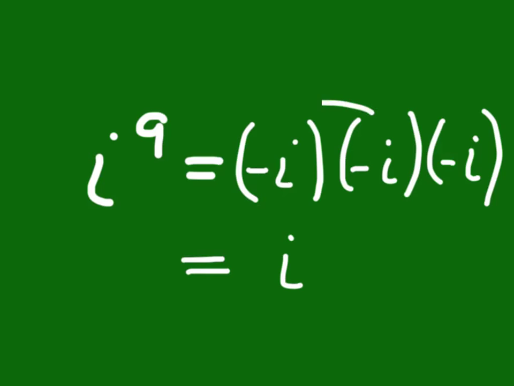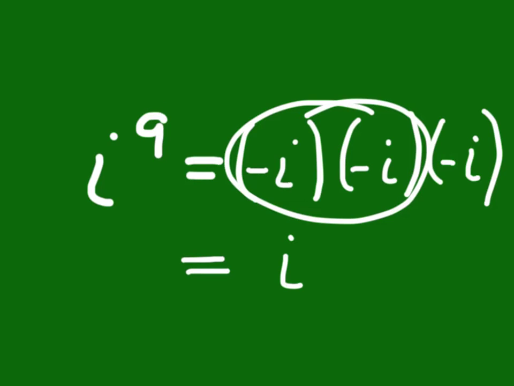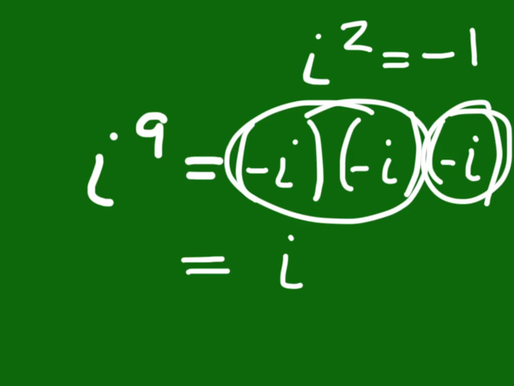Notice how this would break up. What's negative I times negative I? 1. No, negative I times negative I is I squared. What's I squared? Negative 1. What's negative 1 times negative I? I. So it works out either way.